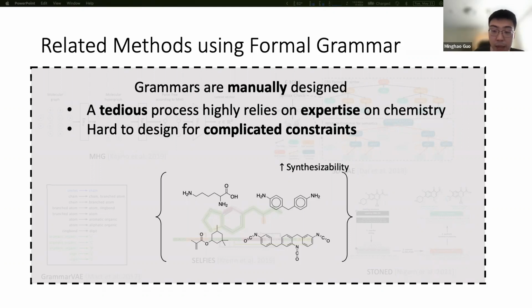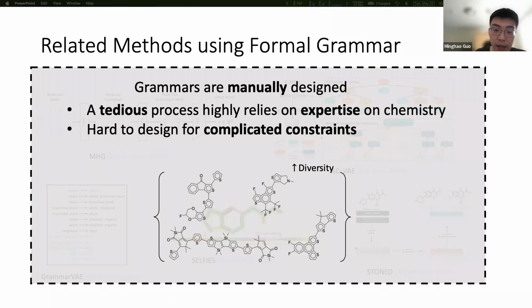Well, it may be possible to manually set some rules, like avoiding some unstable structures. But when the scope of synthesizability goes really large, it is impossible for a human expert to remember all these rules. Another example is that we want to generate molecules that are extremely diverse.